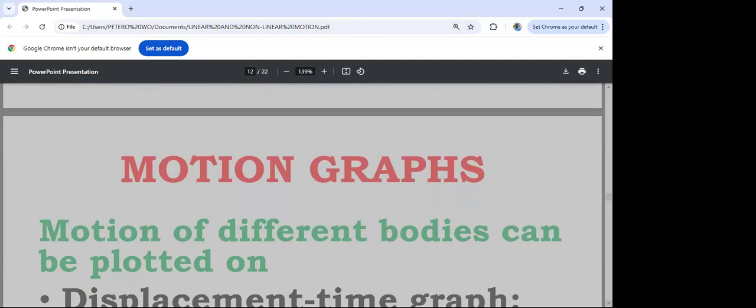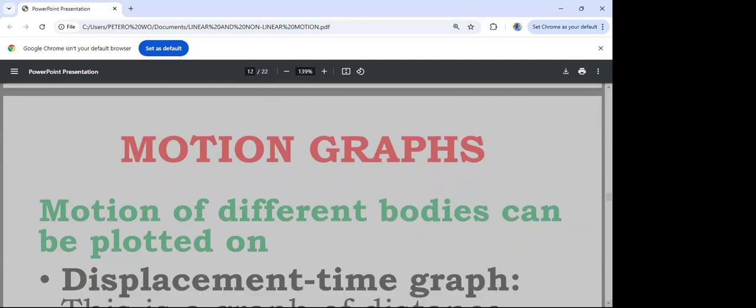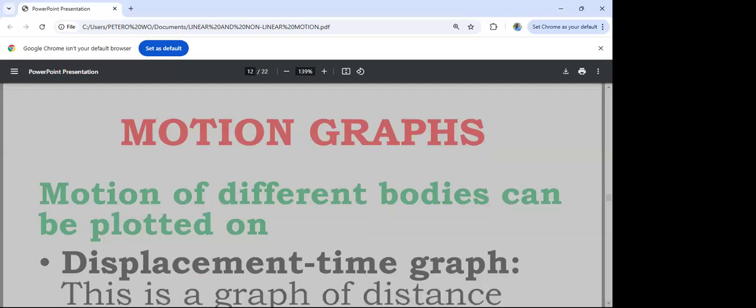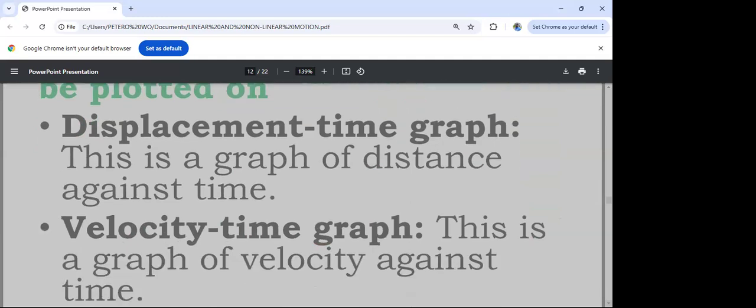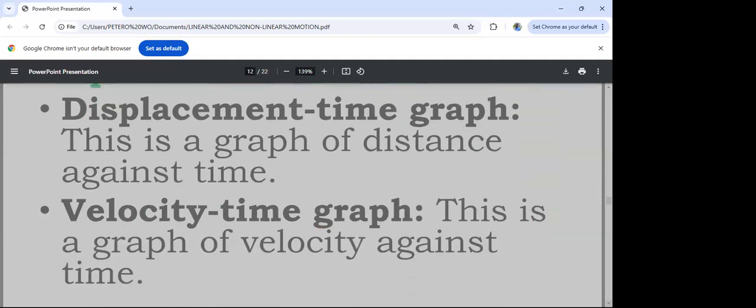And we are going to be looking at motion graphs. If a body is moving, maybe with uniform velocity or with uniform acceleration, how can we draw that on graph? So the graphs can be either displacement time graphs or velocity time graphs, whatever they ask us to use.